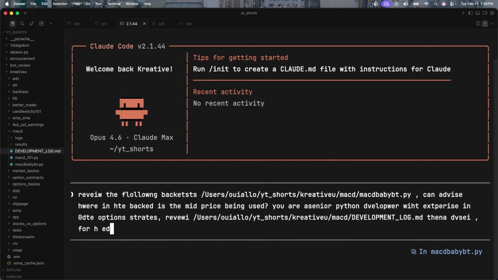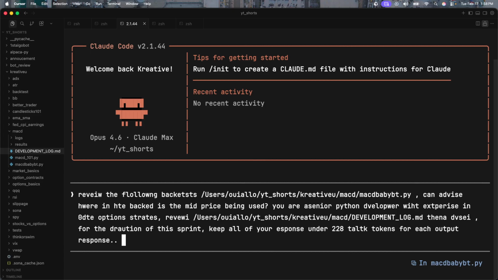For the duration of the sprint, keep all of your responses under 228 total tokens for each output. Now advise where the mid price is being used and if it is correct or not.